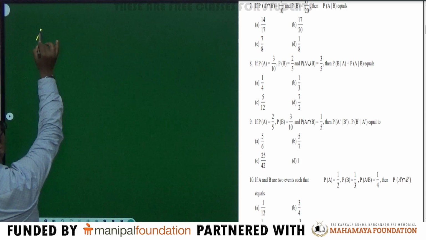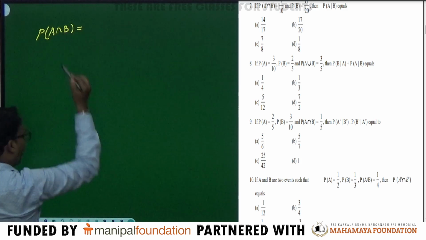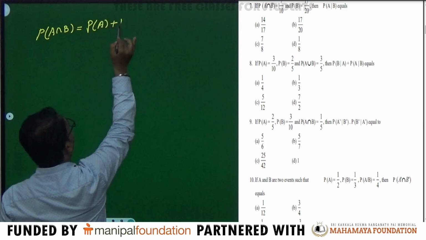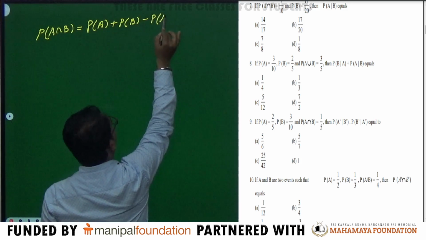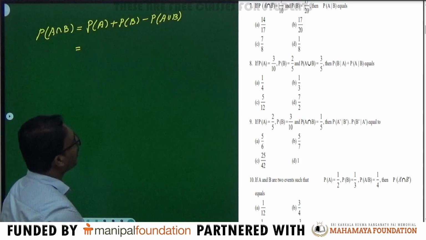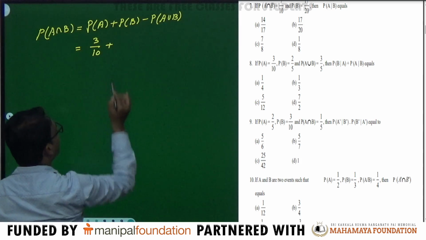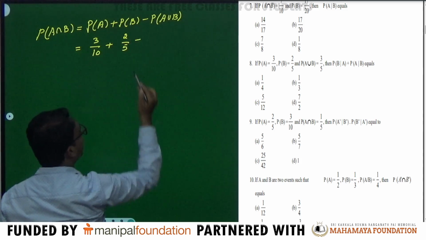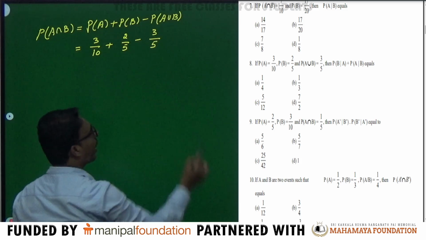The formula to find probability of A intersection B is equal to probability of A plus probability of B minus probability of A union B. It is equal to probability of A, which is 3 by 10, plus probability of B, which is 2 by 5, minus probability of A union B, which is 3 by 5.